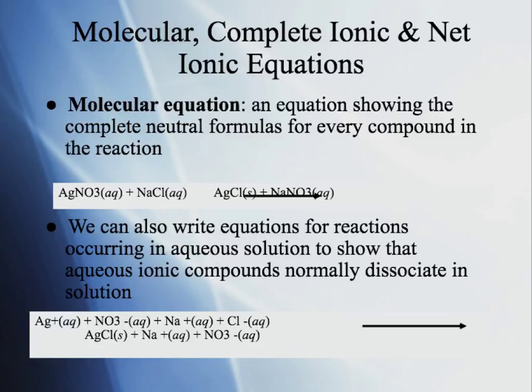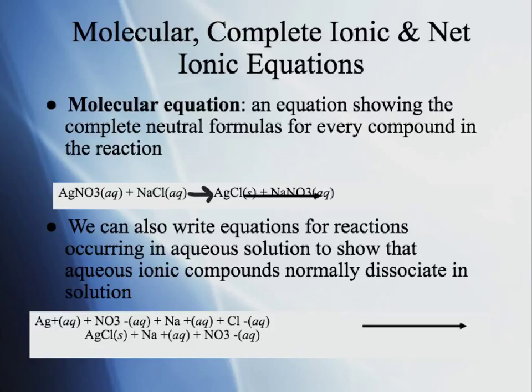Yay! All right, so let's start off with the molecular equation. A molecular equation is an equation showing the complete neutral formulas for every compound in the reaction. Here is a molecular equation: silver nitrate plus sodium chloride reacts to form silver chloride and sodium nitrate.